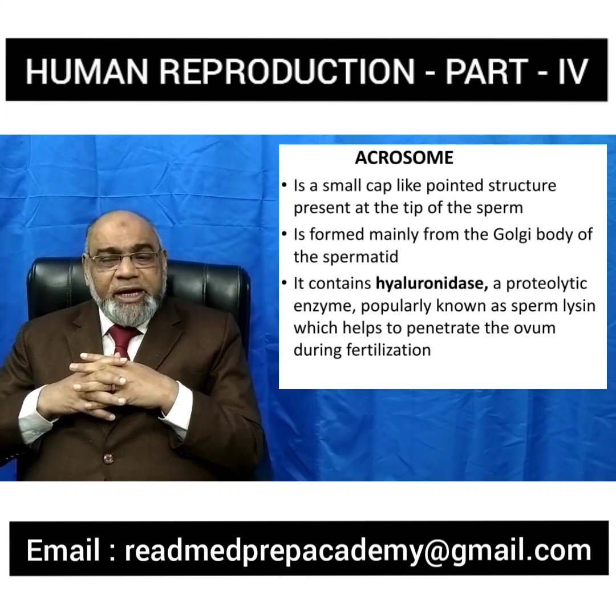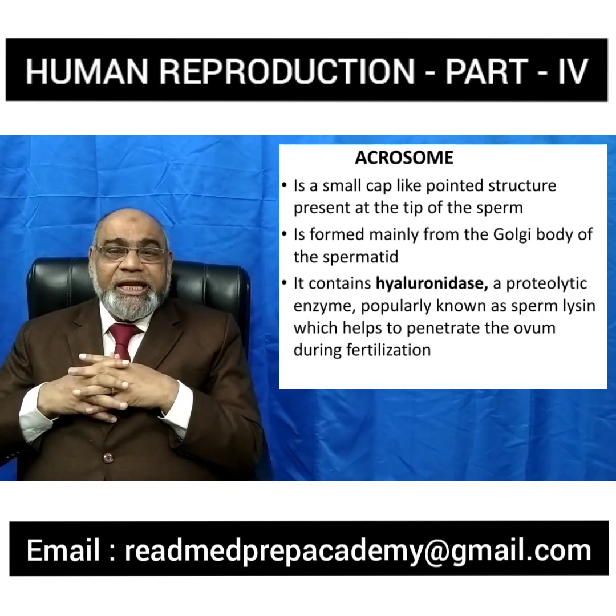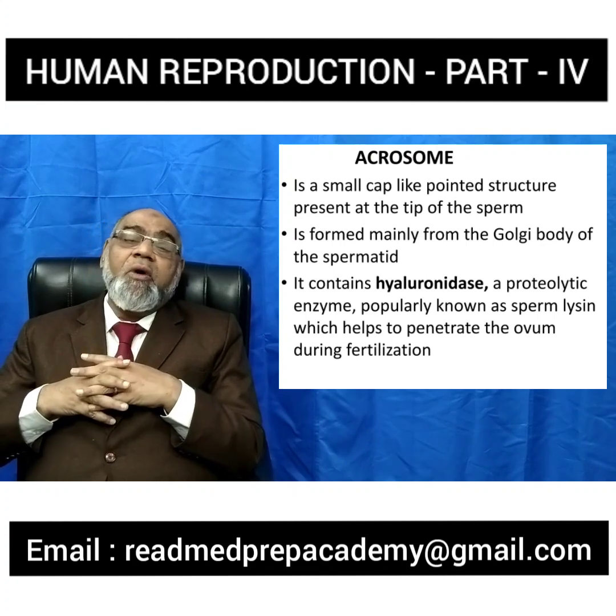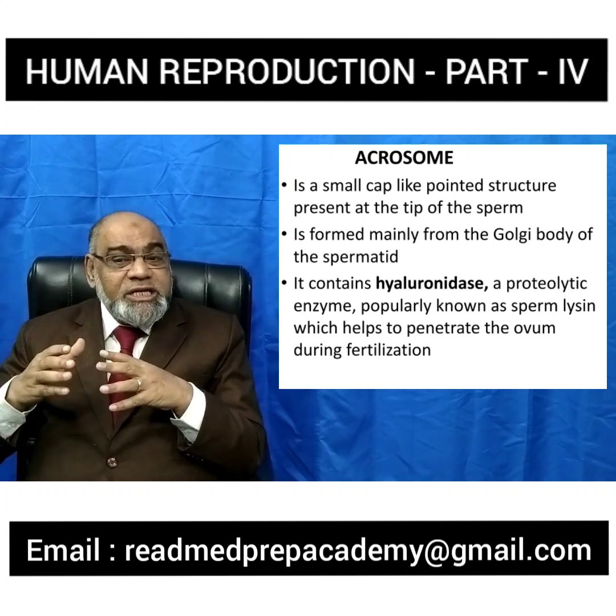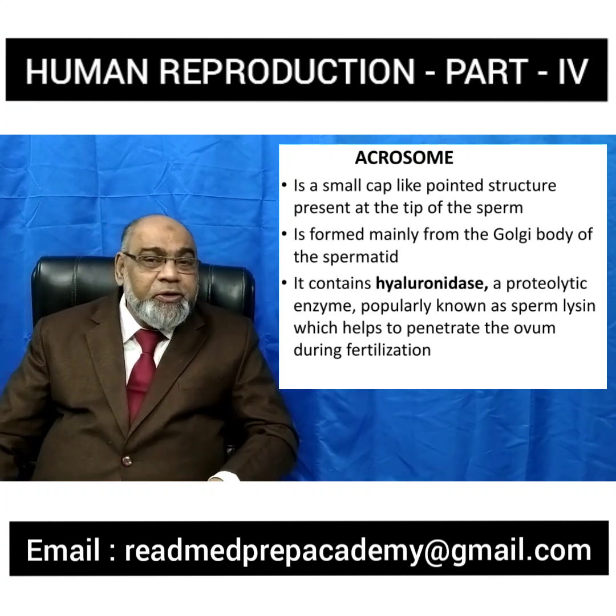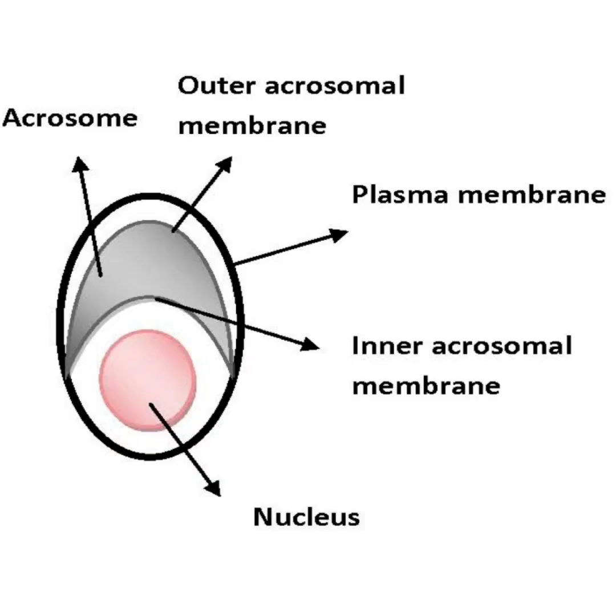What does it do? It's a lysine enzyme. It helps in dissolution of the wall of the ovum and allows the sperm to enter into the ovum during fertilization. You can see in this picture the acrosome as well as the plasma membrane covering the head, and the outer part of the acrosome and the inner part of the acrosome.